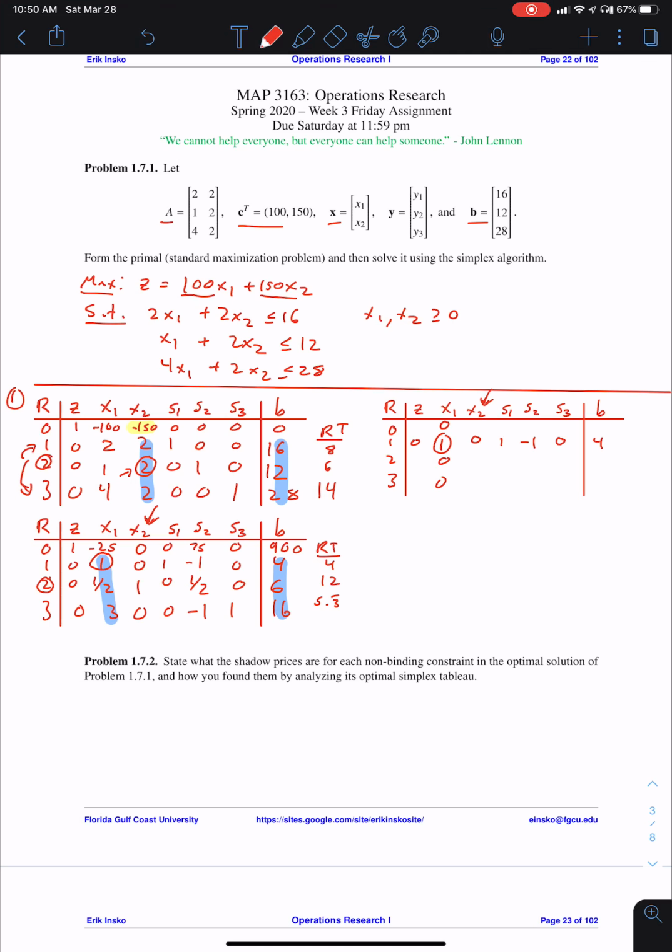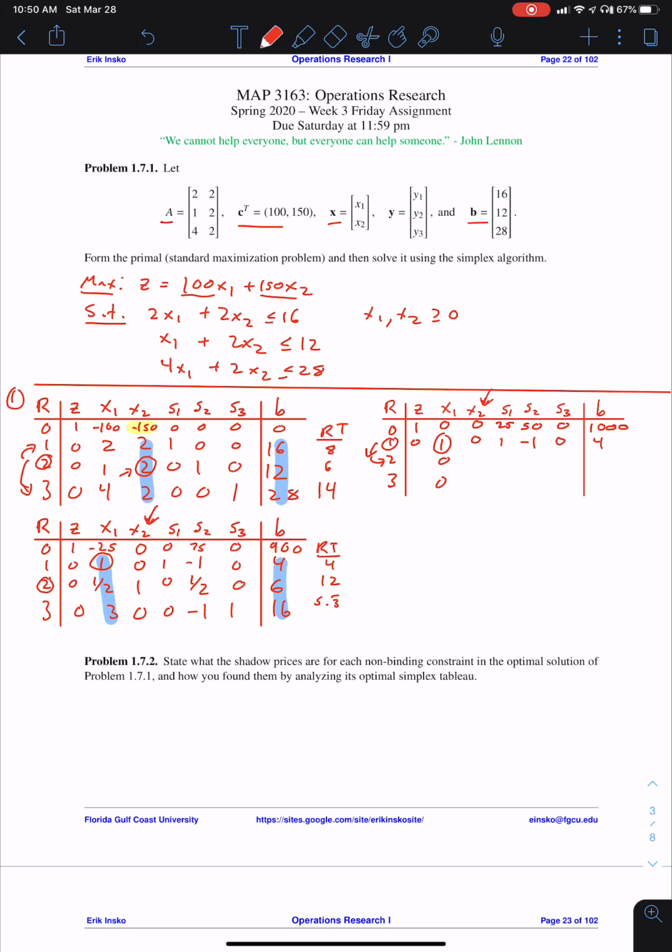So we multiply the first row by 25, add it to row 0, which will produce 1, 0, 0, 25, 50, 0, and 1000. And then multiply this row by 1/2, multiply it by negative 1, and add it to row 2.